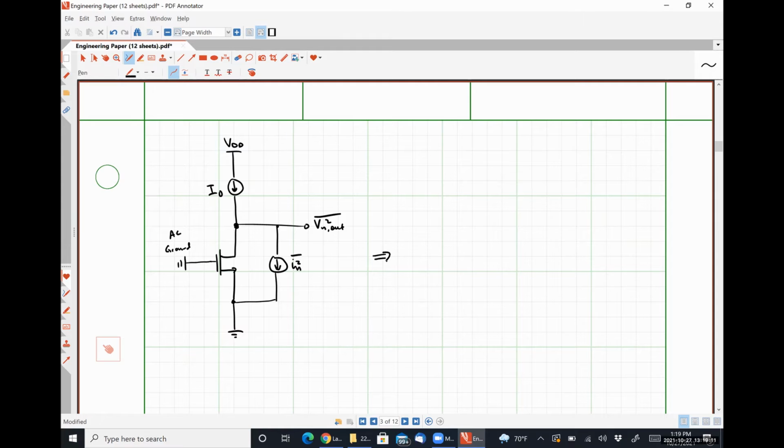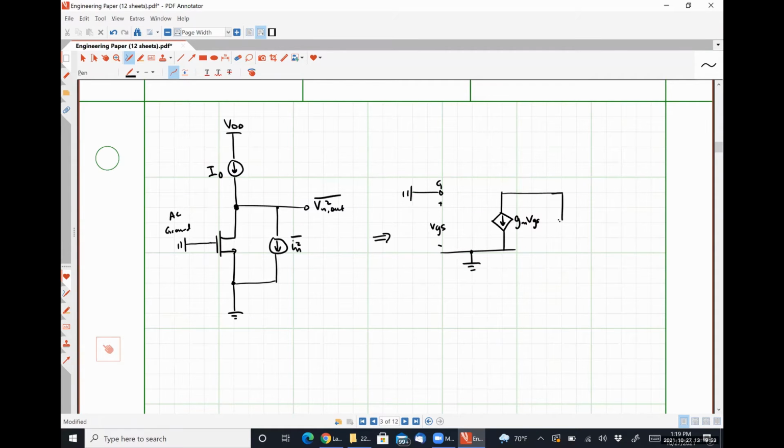So if we took this to our small signal model, our gate terminal is at our small signal ground. Our source terminal is also at ground. Here we have our dependent current source, converting that input signal, which in this case is 0, to current at the output.